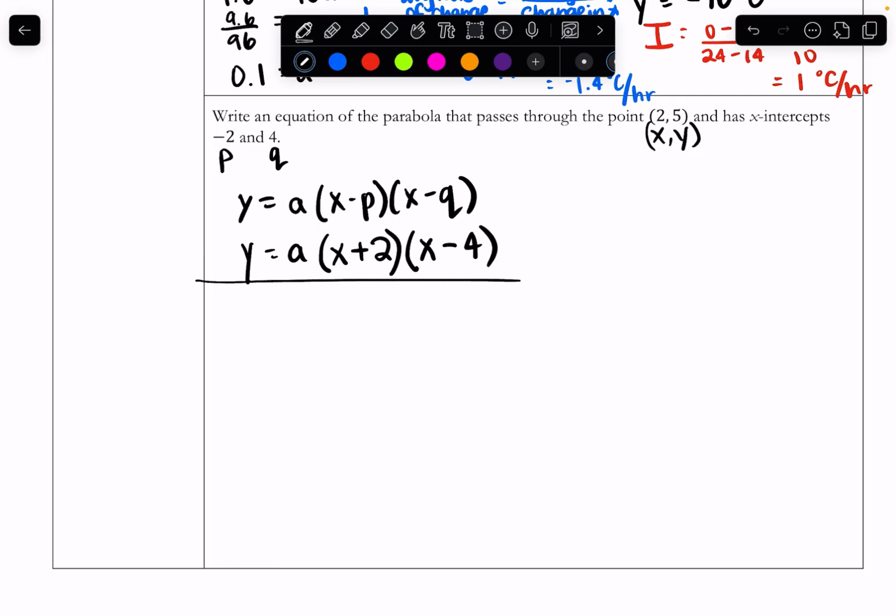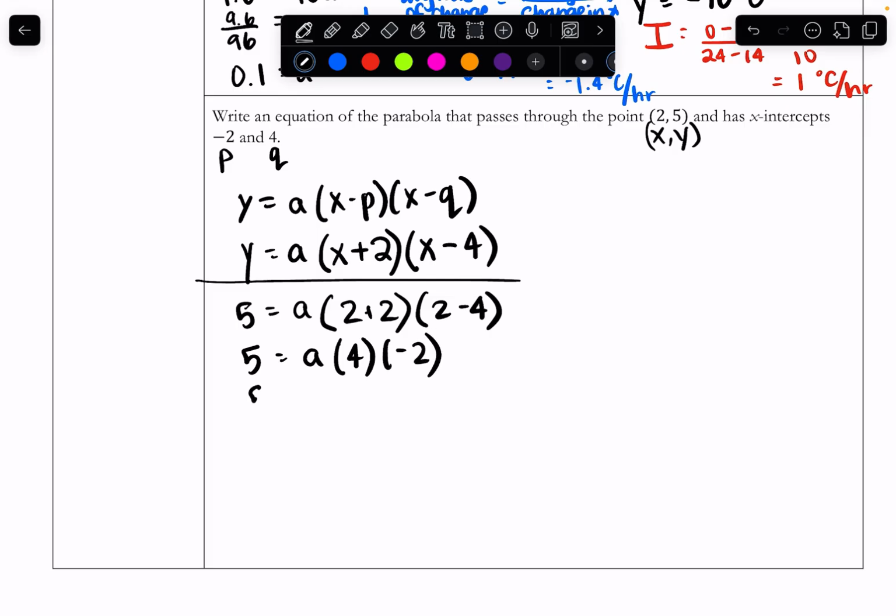All right, and now I'm going to go ahead and take my 2, 5 point and sub in for x and y. 2 plus 2, 2 minus 4. Okay, and I have to find a every single time. That's always going to be your first step once you have everything subbed in. Find a. Okay, so 4, negative 2.